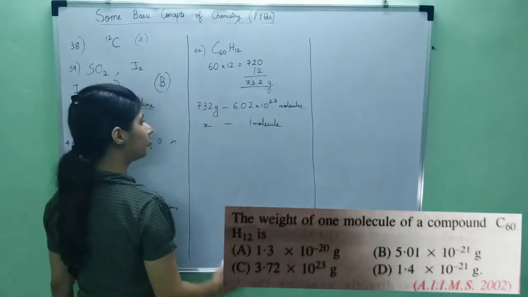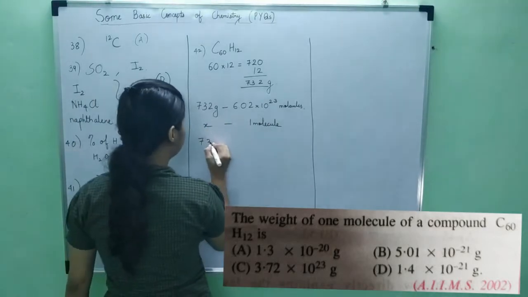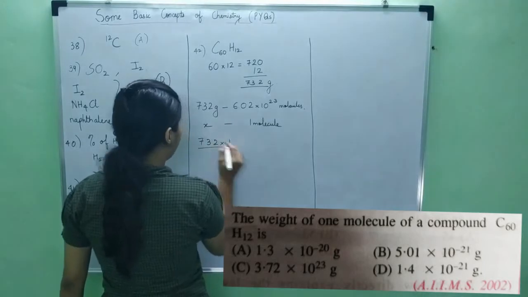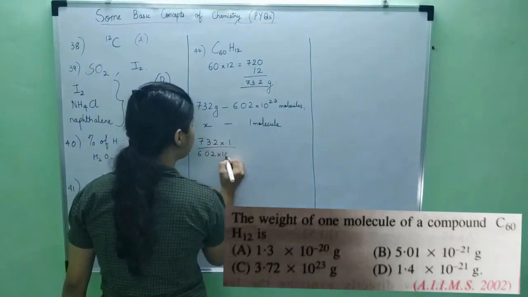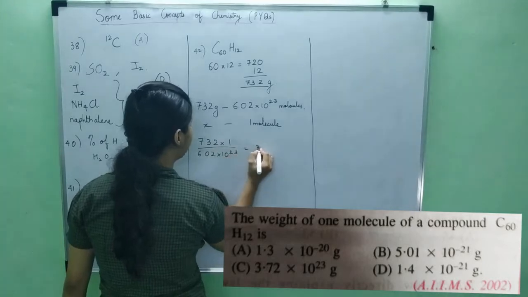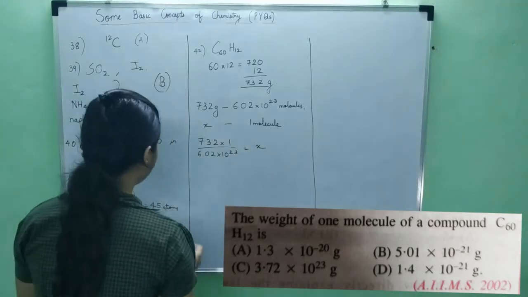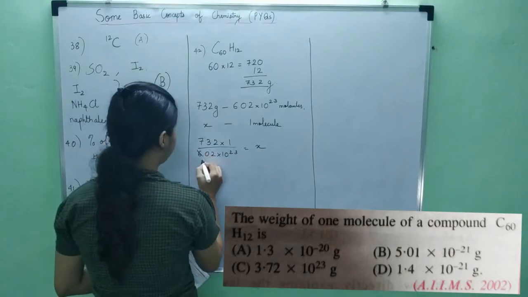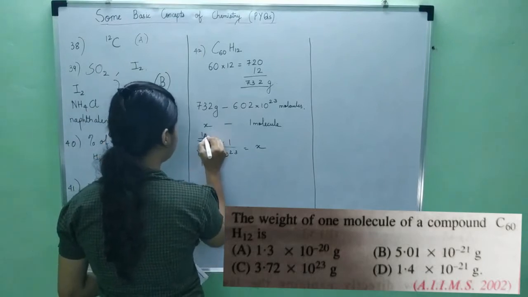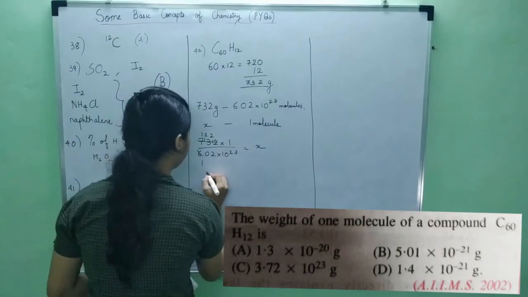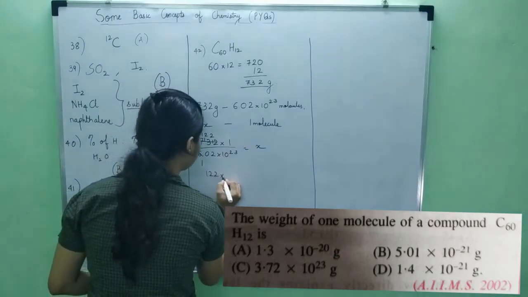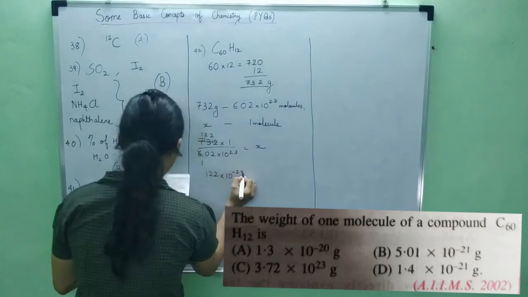So what would be the weight of one molecule? Let's cross multiply: 732 into 1 upon 6.02 into 10 to the power 23 is equal to x. If I take the 10 to the power 23 term to the other side, 122 into 10 to the power minus 23.